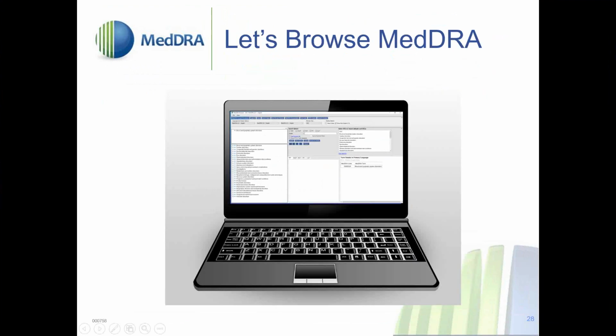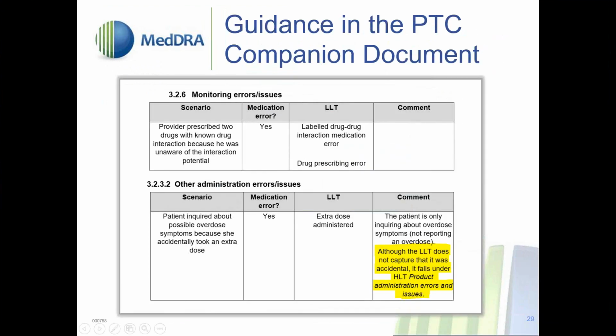So here a provider prescribed 2 drugs with known drug interaction because he was unaware of the interaction potential. And you see labeled drug-drug interaction medication error would be the LLT in order to capture the monitoring error. And you would also have to capture the stage where the error occurred by using drug prescribing error.